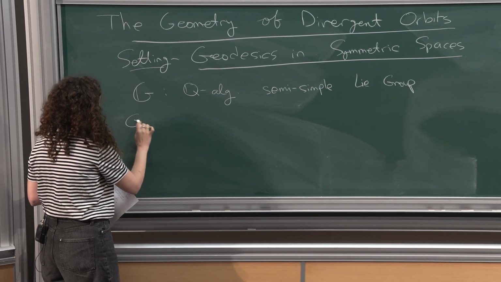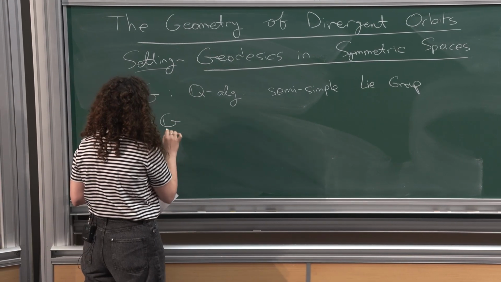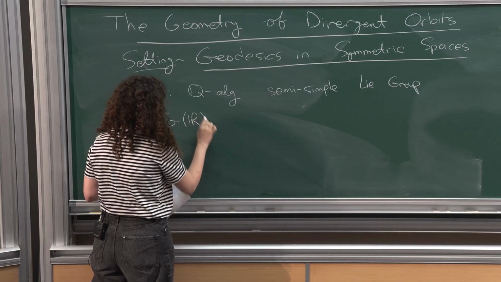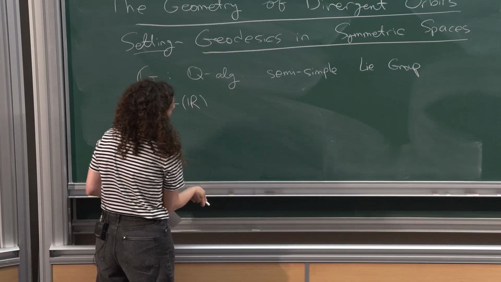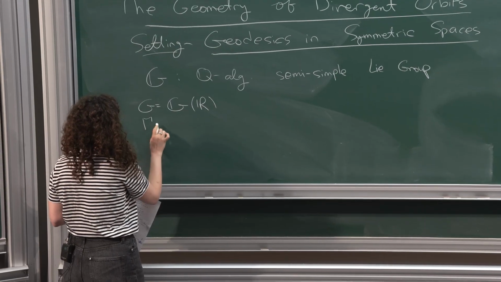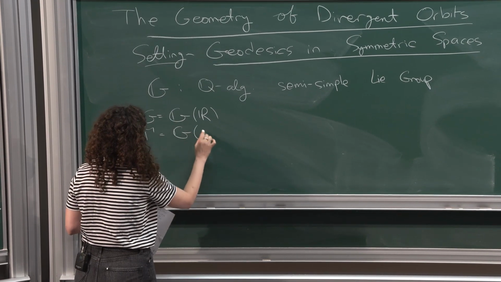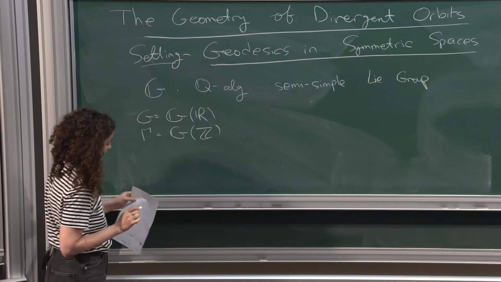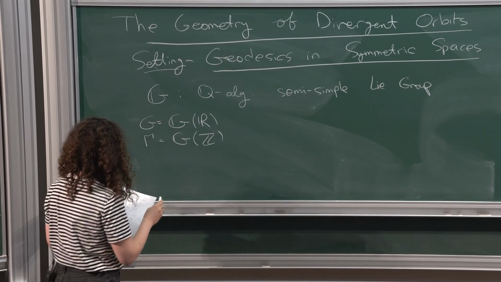And then our group G is going to be the real points of this algebraic Lie group, and gamma is going to be the integer points of this algebraic group.